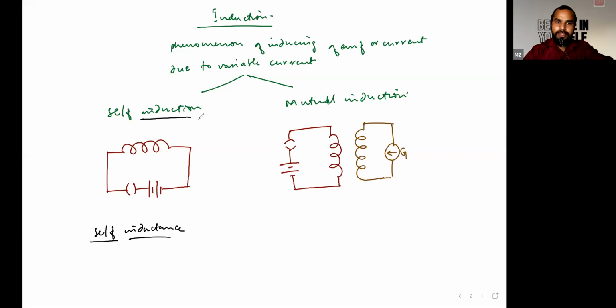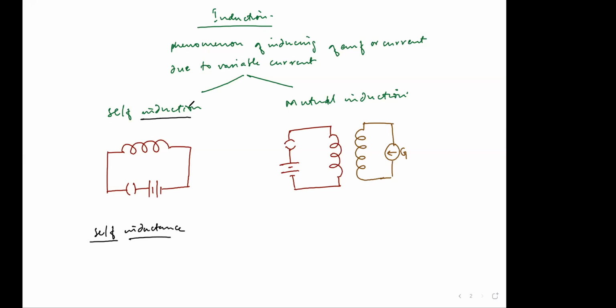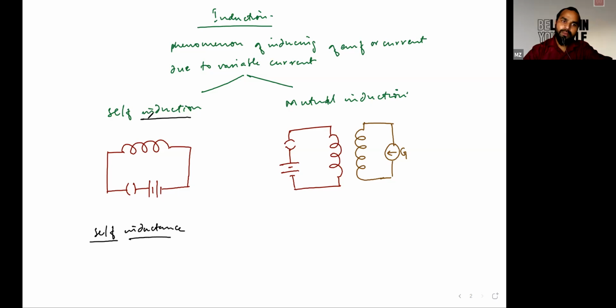Induction is just a phenomenon of inducing EMF or current by a variable current. Inductance is the property of that particular coil by which it opposes the variable current when passed through it.